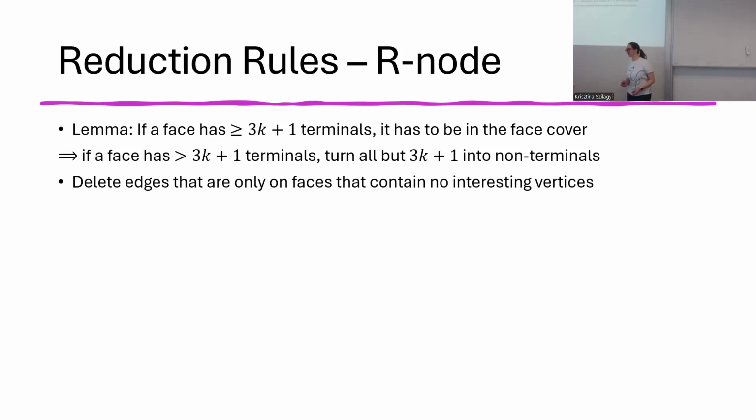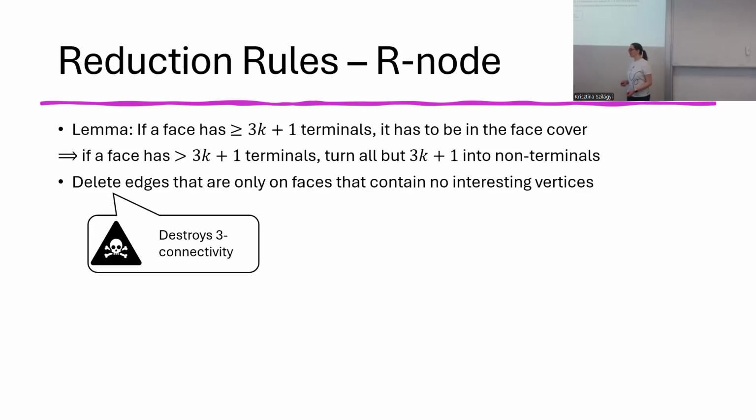But this is very dangerous because deleting edges breaks tree connectivity. So we have to do this very carefully, because breaking tree connectivity also implies that we could potentially have more than one embedding, and suddenly things stop being rigid, and we might be able to do something in the newly constructed graph that we were not able to do before.